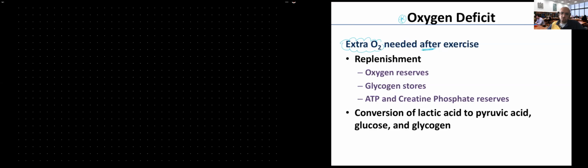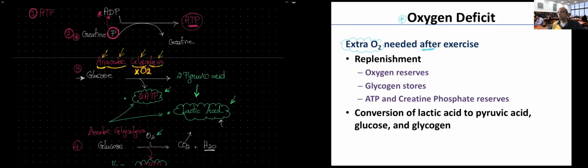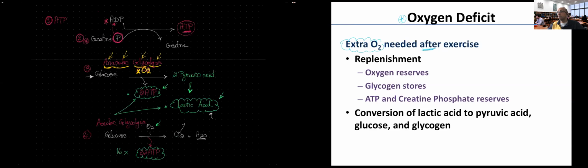The way I look at the oxygen deficit is like the use of a credit card. So when you are using a credit card, are you spending your own money, the money that you have earned?